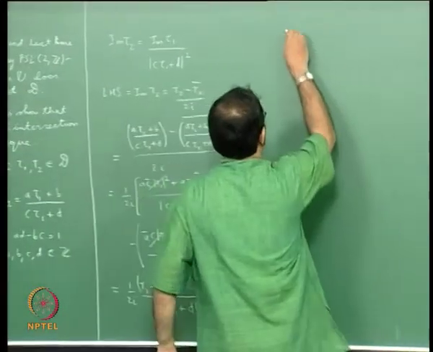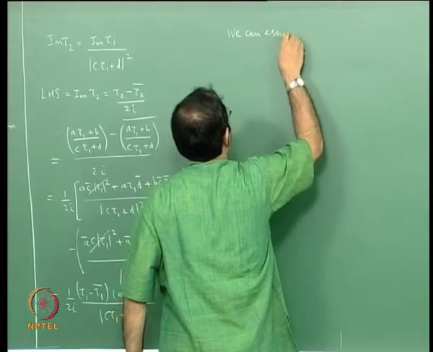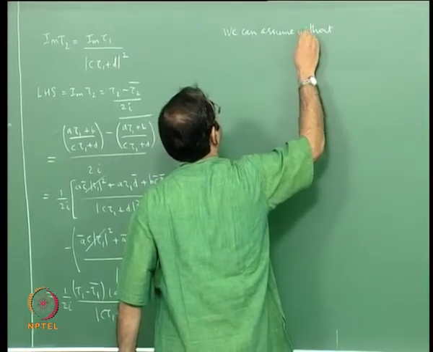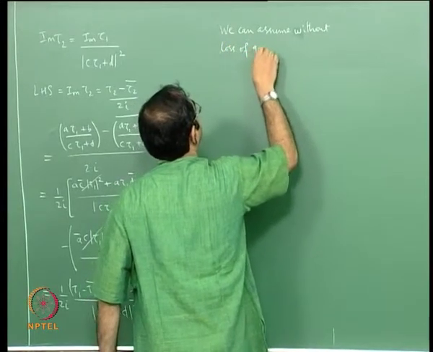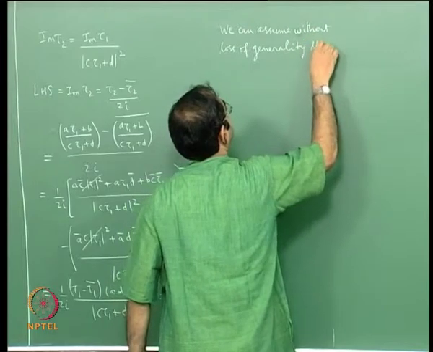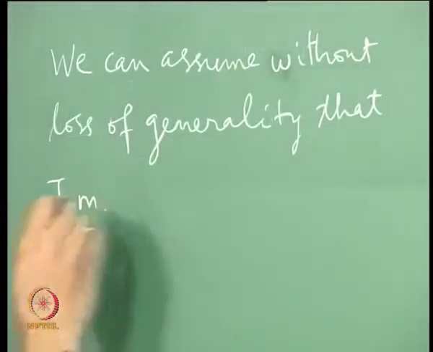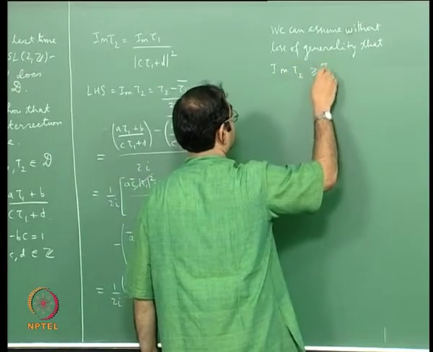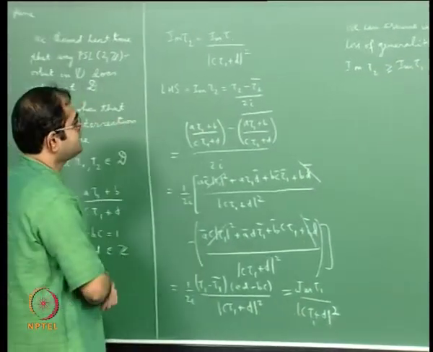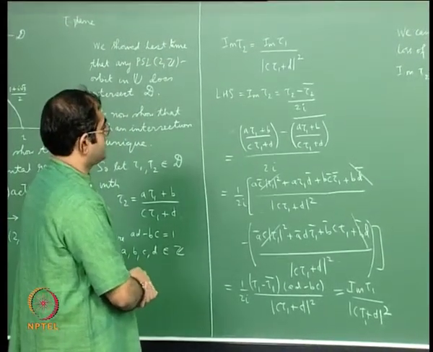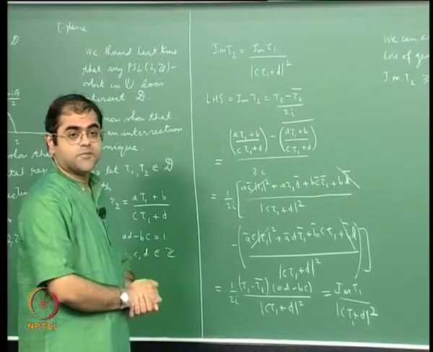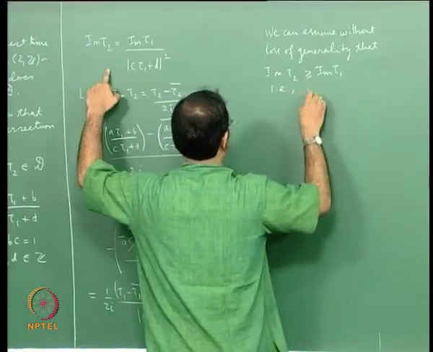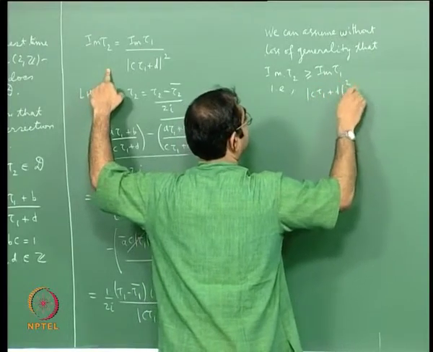From this expression, that amounts to assuming that mod C tau 1 plus D the whole squared is less than or equal to 1.